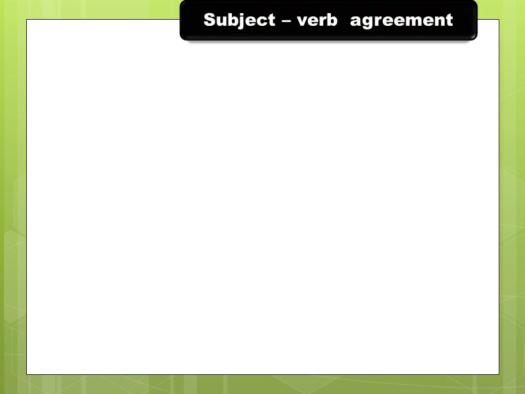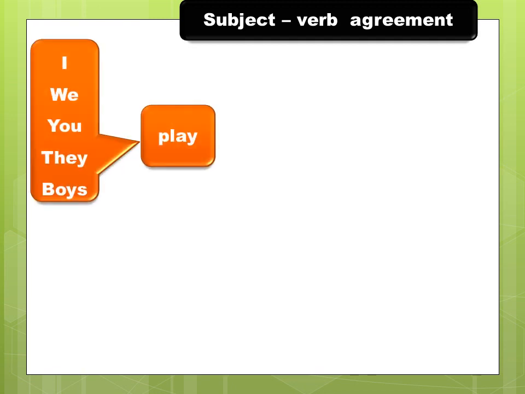Subject-verb agreement plays quite an important role while constructing sentences. Now, let's see some examples. Here we have the pronouns I, we, you, they, and the noun boys. I refers to a singular person, whereas we, you, they, and the noun boys refer to a plural subject.